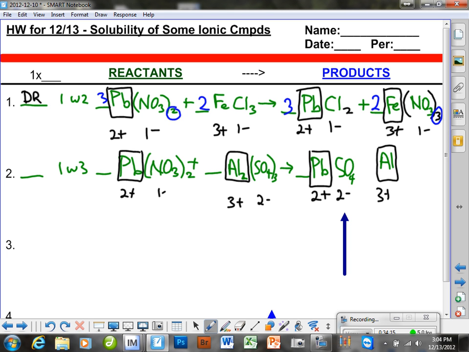Aluminum is a 3 plus, and I didn't put my plus in here. Sulfate, and then, I don't have a plus. I gotta put a little tiny plus in there. Oh, that's going to be confusing, except on video. Hopefully.